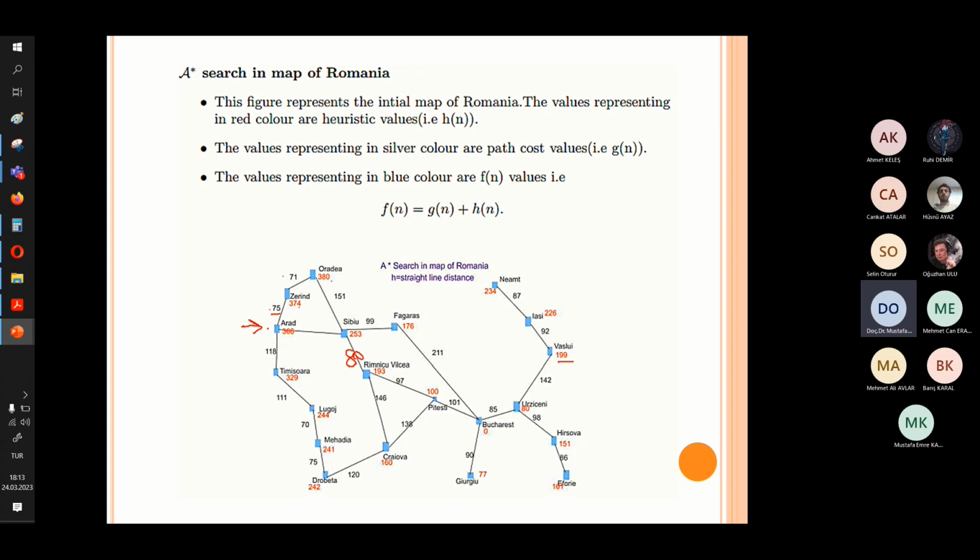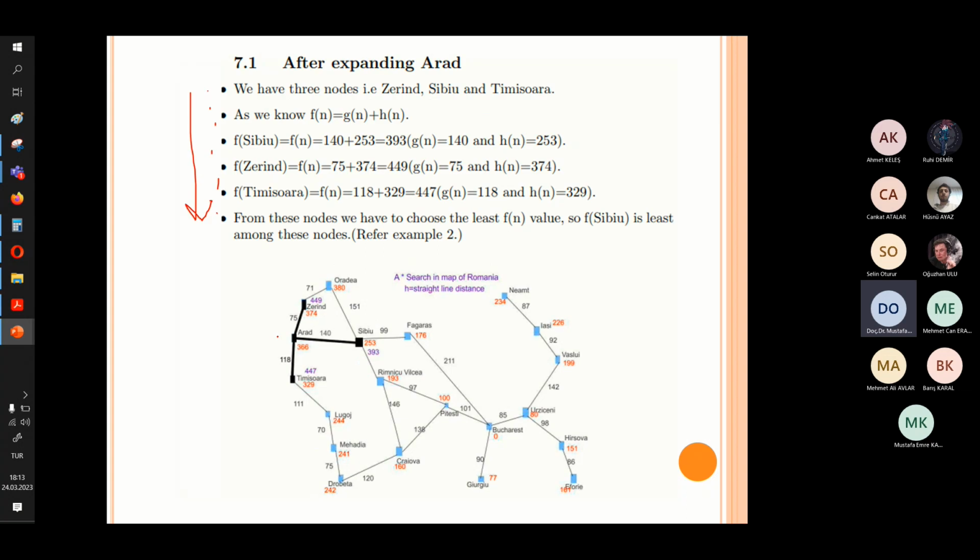Now it is time to calculate the shortest distance between Arad and Bucharest without calculating every possible case. So we will start from Arad. If we expand Arad, we will reach Zerind, Sibiu, and Timișoara, since Arad has 3 connections.